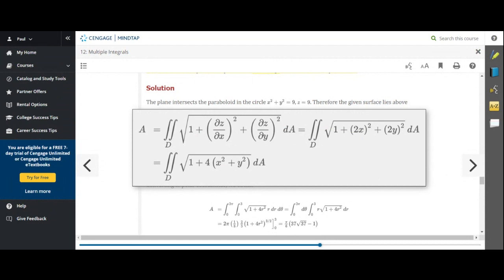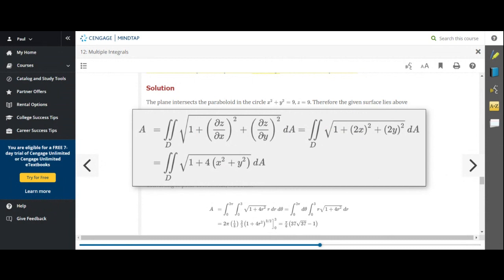Hold on here, one moment, class. So we compute the partial derivatives of z, which are 2x and 2y, and we end up with this. And you notice that double integral, they've not committed yet to what the region D is or whether they're going to integrate using Cartesian or polar coordinates. But based on the picture below, we're going to use polar coordinates.